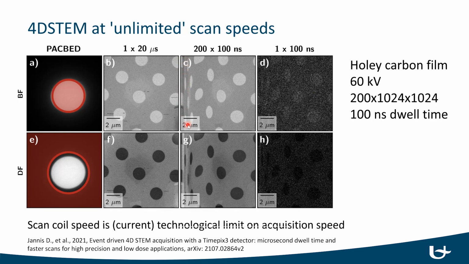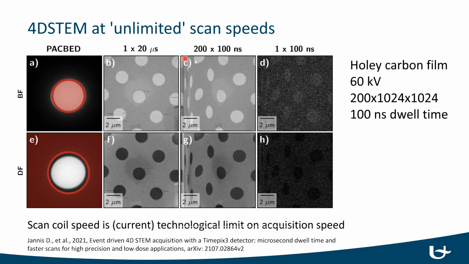And the reason for that is that, yes, the camera can now do, so with event-based, we can do infinite speed 4D STEM imaging. There is no longer a bottleneck on how fast you can scan. But the scan coils, in a modern microscope at the moment, are not yet designed to do this. So they start to misbehave a little bit at a little bit faster than 1 microsecond.